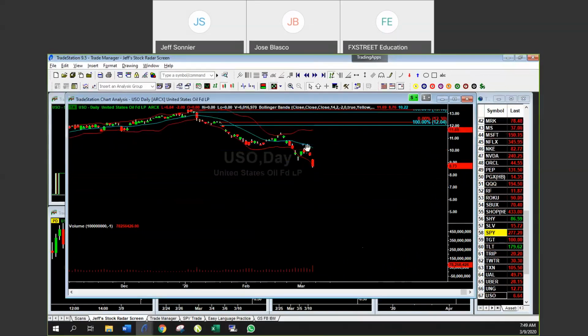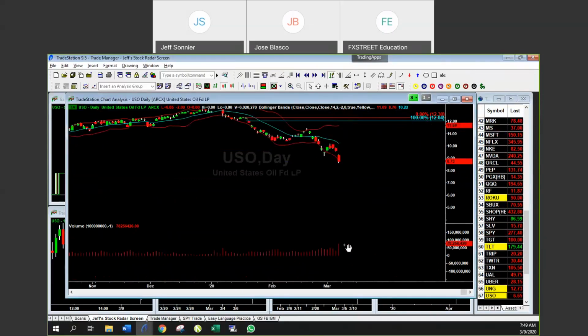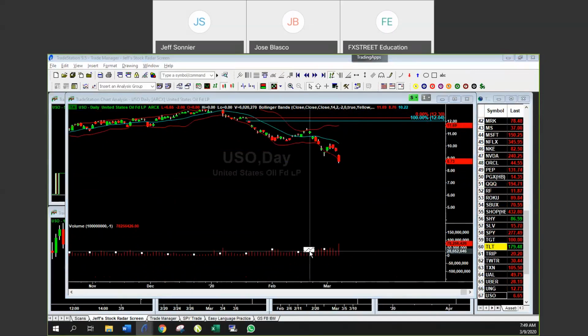So my only option now is to look for a price that I think it's going to go low to and then turn around. For liquidity on USO, you can see there's 78 million shares. That's an incredibly liquid fund. The average looks to be about right in here, about 28 million a day. So you can get in and out of oil when you need to. Let me go ahead and take this off the chart so it's taken away from my chart space.